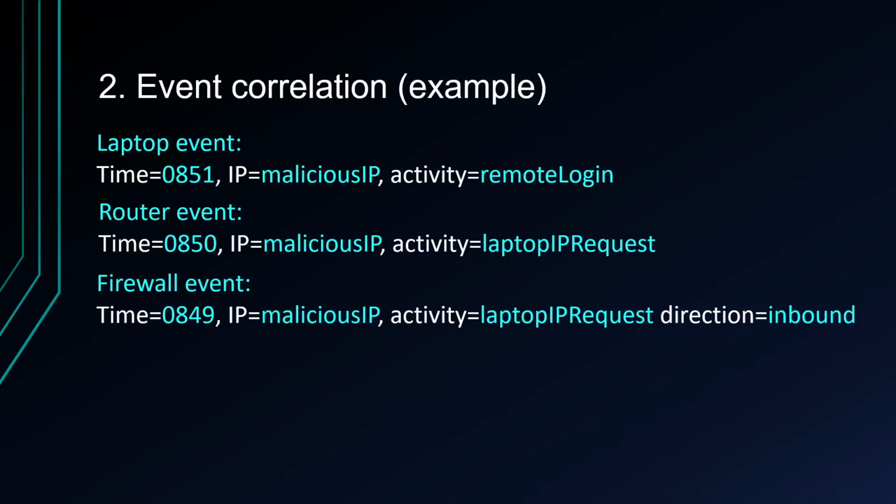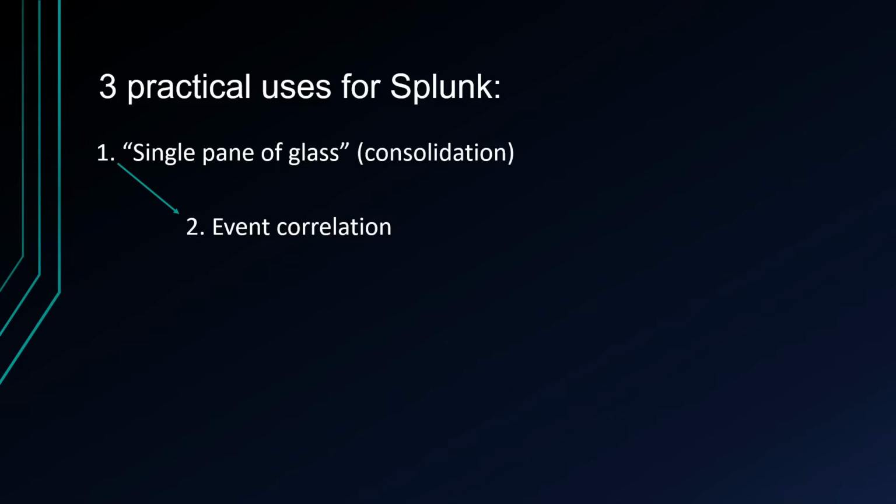Try to focus on the fact that we are using common values to correlate activity from three different pieces of hardware together: the laptop, the router, and the firewall. That's the important thing we want to focus on here. So you see that we've correlated three events from three different event logs using those common values. So that covers event correlation.